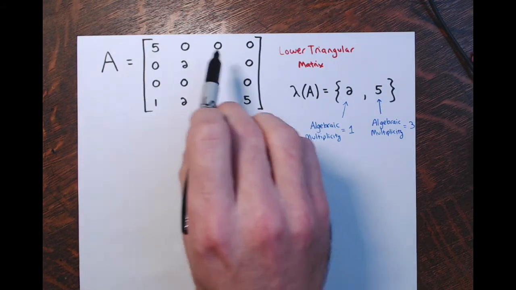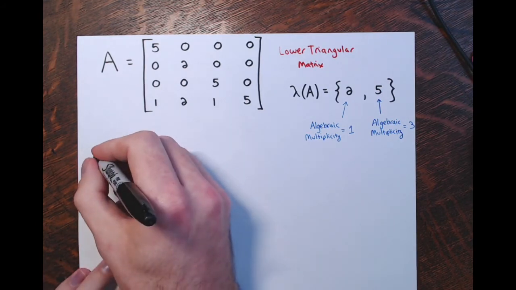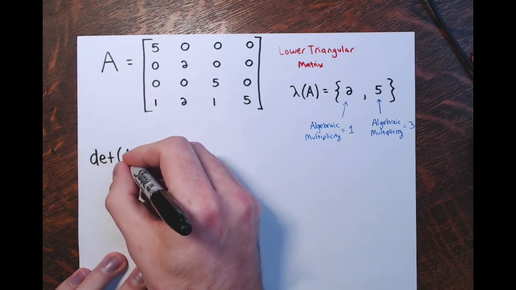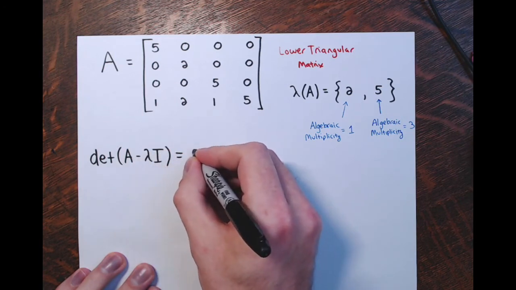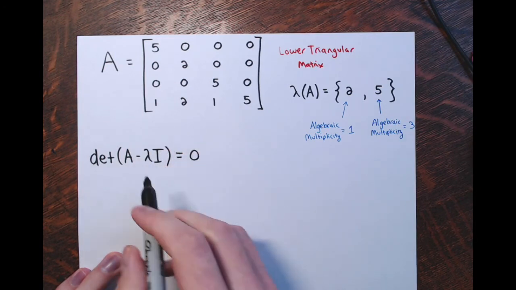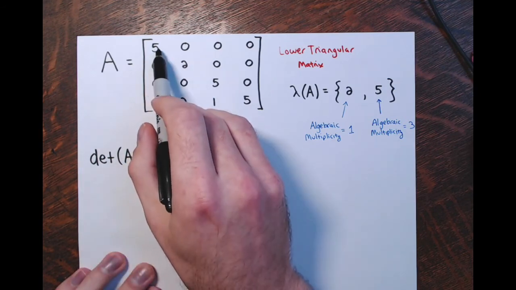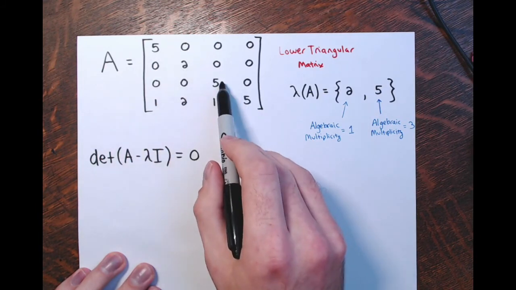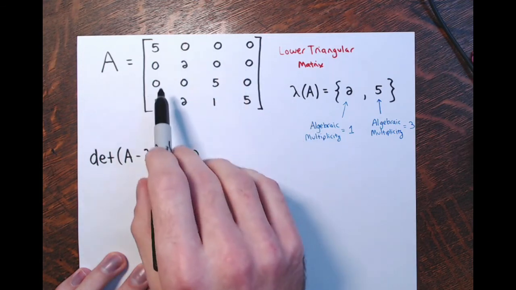Now you could also see this if you write out the characteristic equation. Not every matrix is lower triangular or upper triangular, really easy like this. The characteristic equation is the determinant of A minus lambda I equals 0. A minus lambda I, you're just subtracting lambda, so you have 5 minus lambda, 2 minus lambda, 5 minus lambda, 5 minus lambda down the main diagonal, and all the other entries remain the same.